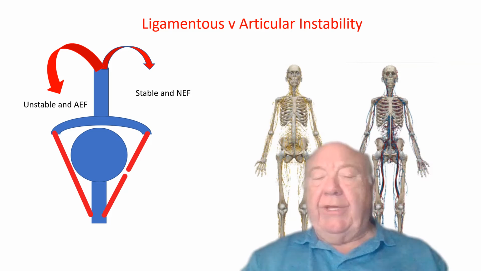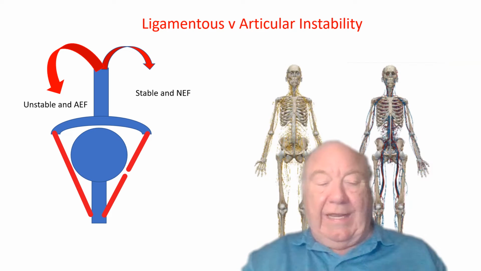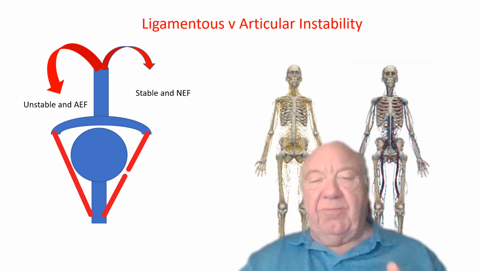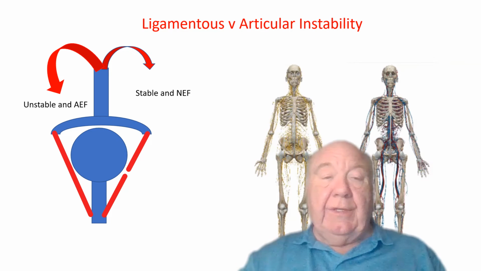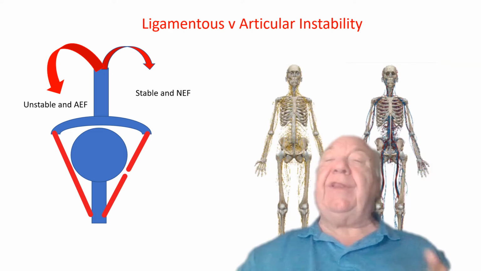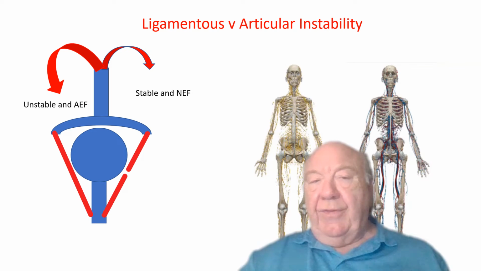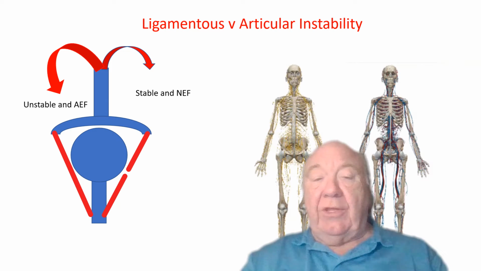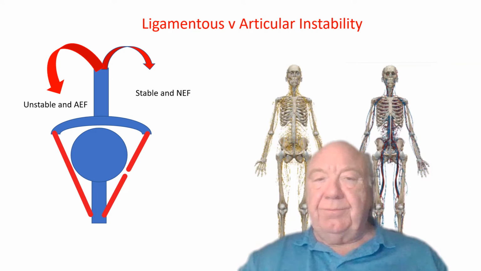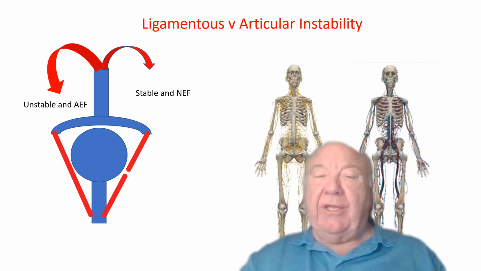So the mantra is you tighten it, tauten it, and then stress it. One movement will tighten it up, the next movement puts it on taut, and then you can stress it in the direction that stresses the ligament. In the other directions, you'll get a normal response to your stress test. So it's generally a unidirectional instability. If you've got a very wide ligament, then you may get a bidirectional one.